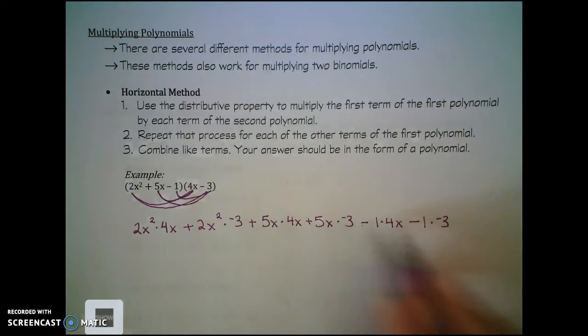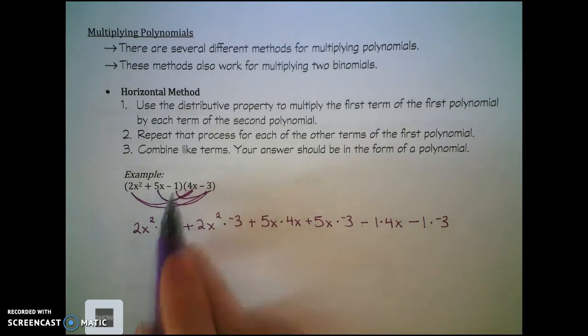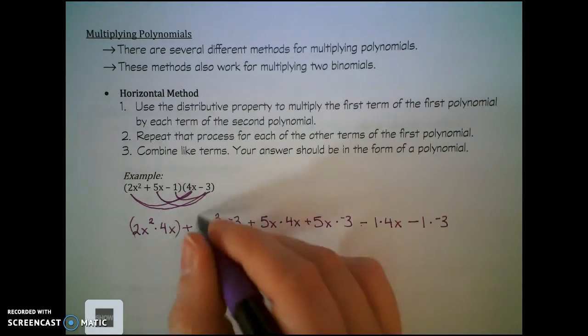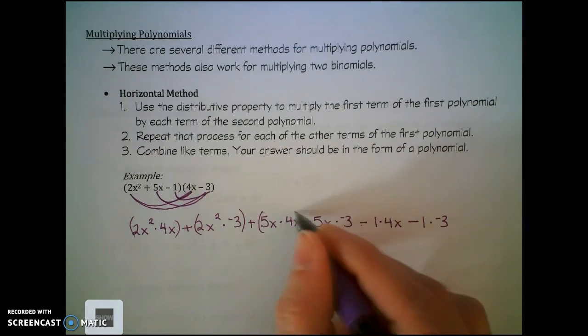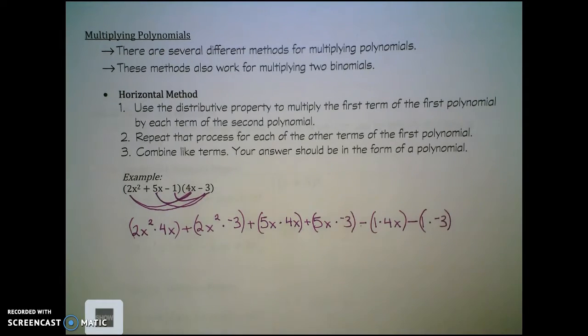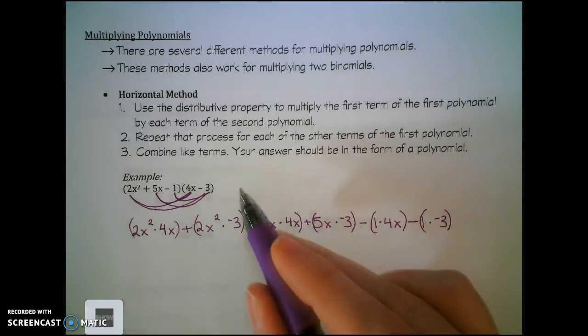And remember, I put this minus 1 here because I have a negative 1. Now, I have 1, 2, 3, 4, 5, 6 different terms. 3 times 2 is 6.